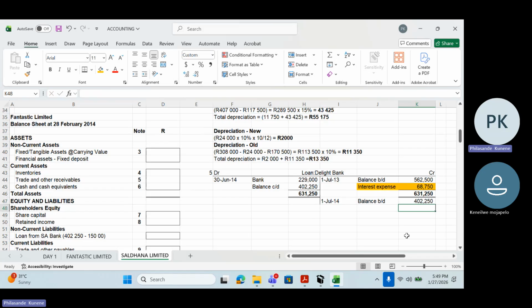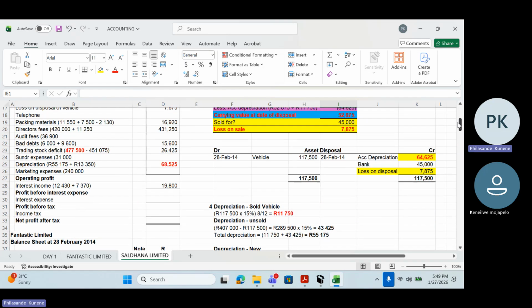This is just a normality account that we usually do, but it helps us in getting this amount, which is very important for us to calculate our interest expense. So our interest expense for the year will be 68,750. That will be recorded here.